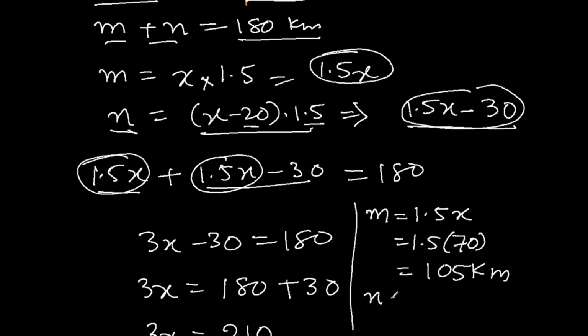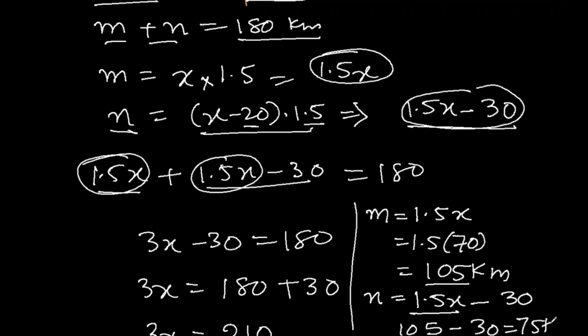N equal to 1.5x minus 30, which is, we already know 1.5x, we got 105, minus 30, which is 75 kilometers.